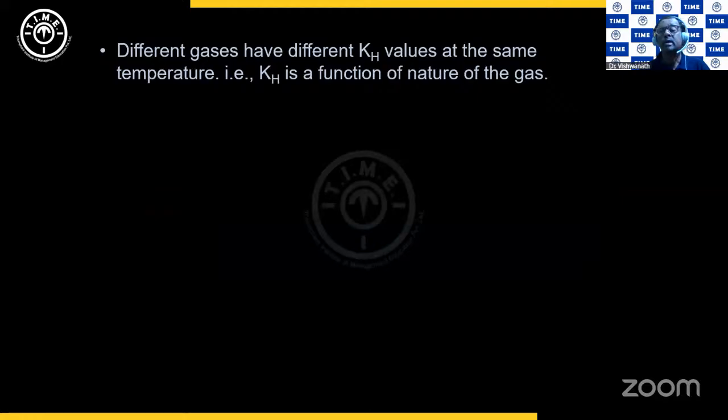Yes. Now, different gases, that is what we talked about. Different gases will have different KH values at the same temperature. So KH is a function of the nature of the gas. We said carbon dioxide and nitrogen will not have the same KH value. They'll have different values.